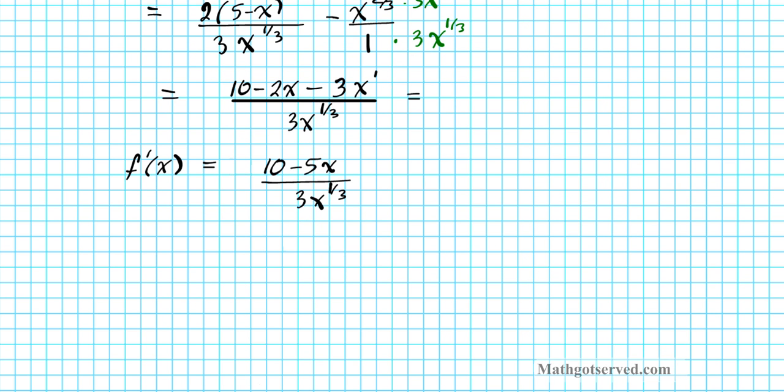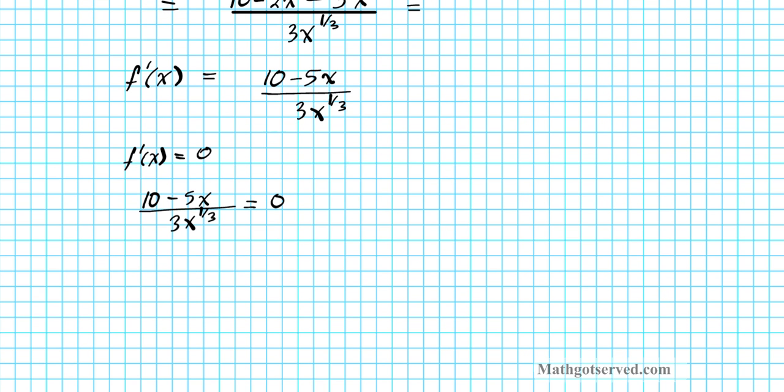So we're going to have to split this up into two parts. The first part is where the derivative is equal to 0. Okay, so let's solve f prime of x equals 0. To accomplish that, we'll just set our result, 10 minus 5x over 3x to the 1/3, equal to 0.